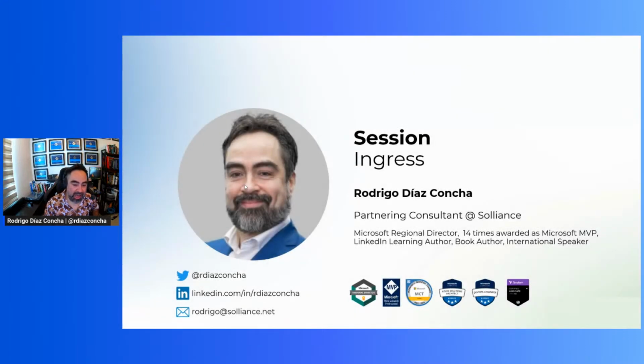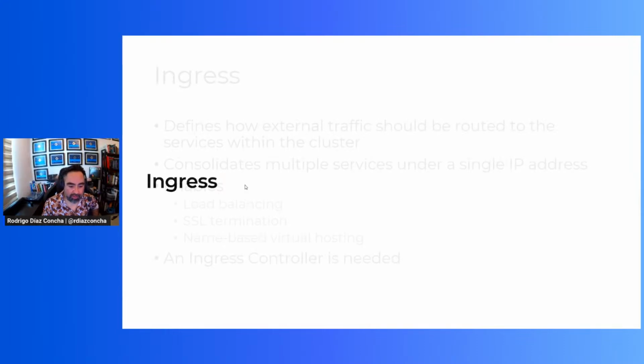Anyways, today I'm going to talk about Ingress, which is a series of objects that we can use to expose our services outside the cluster. Of course, you can use, maybe, a NodePort kind of service to expose that particular service out of the cluster.